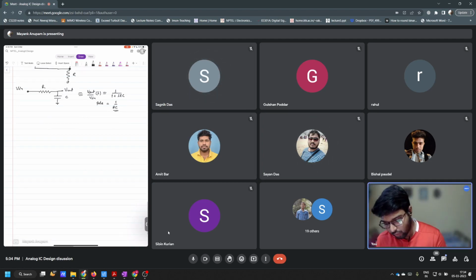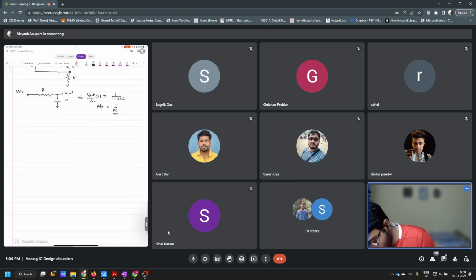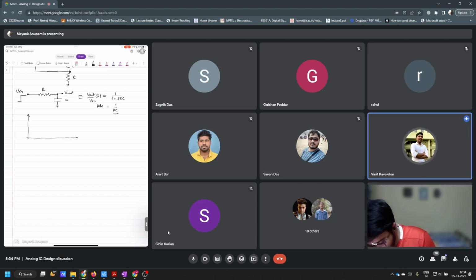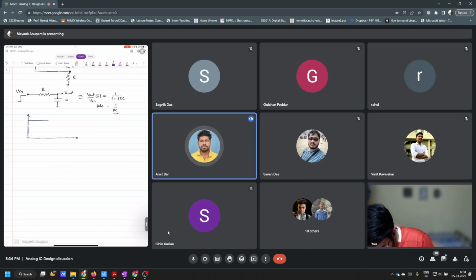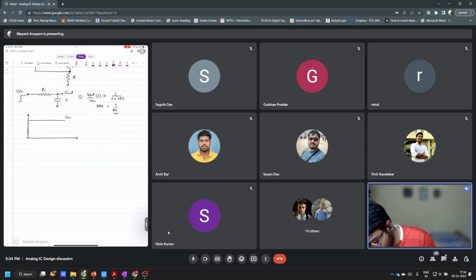So what do you see in this case when you apply a step input here? How is the response to the step input at the output? Exponential charging. Correct. So let's say this is your step input, and the step output is like this, right?